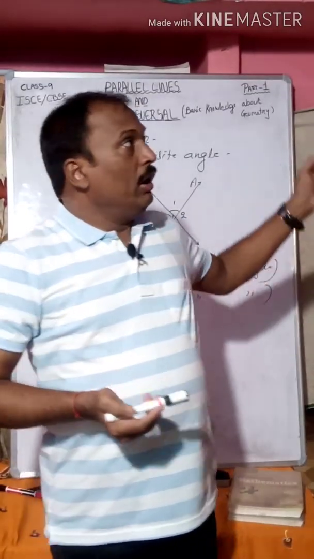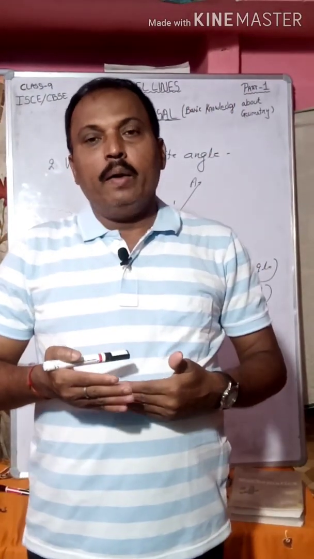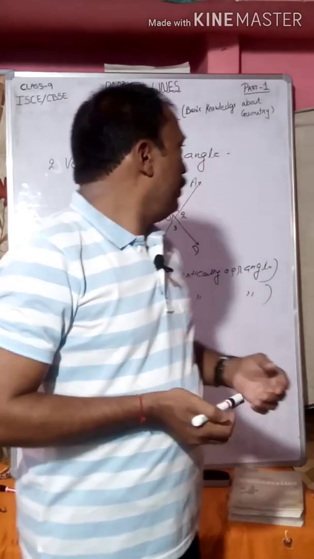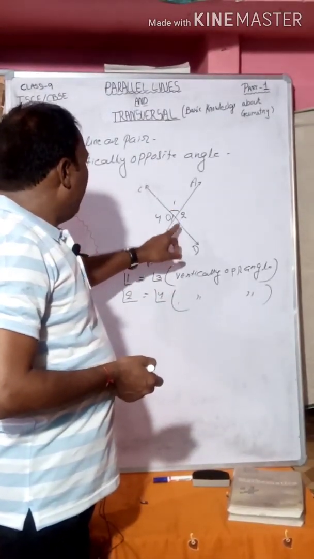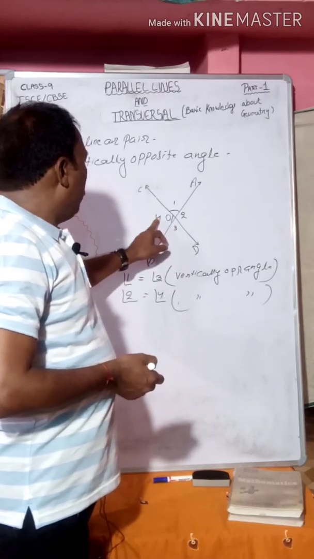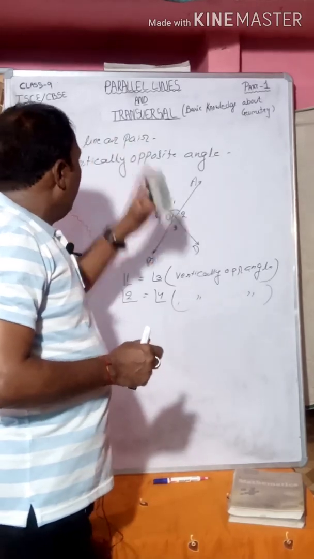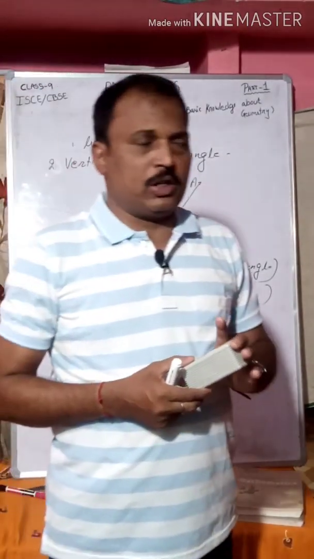I just recall it as basic knowledge, because in geometry it is applicable everywhere. So 1 is equal to 3, 4 is equal to 2. Now come to our transversal, parallel lines and transversal.